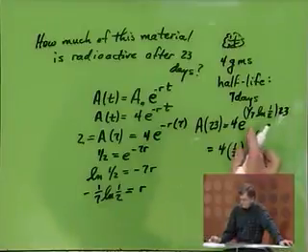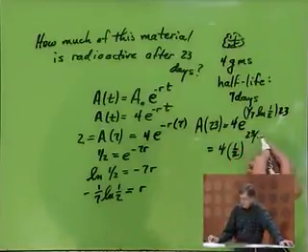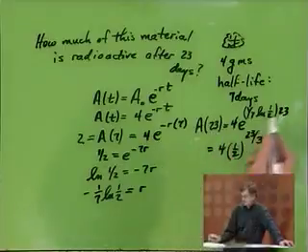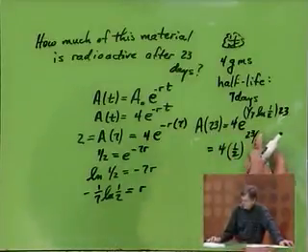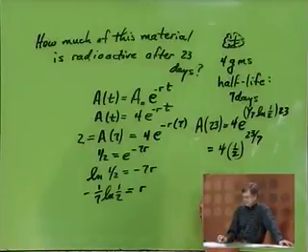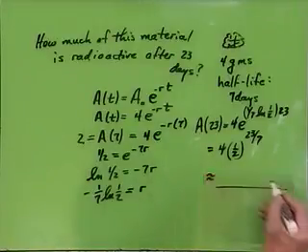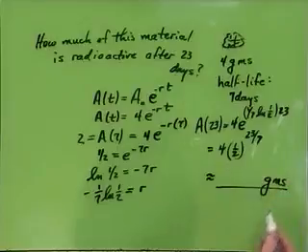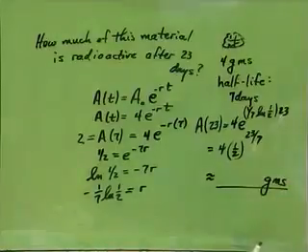We'll put a 23 right there. 23 over 7. If I put 23 here, I have to put 23 over 7. Now I think I'm just about out of time, but if you multiply this out on your calculator, you'll have the number of grams of material that's radioactive after 23 days.